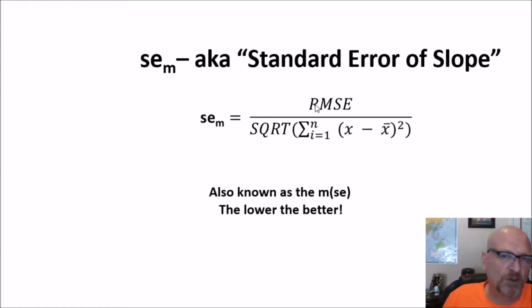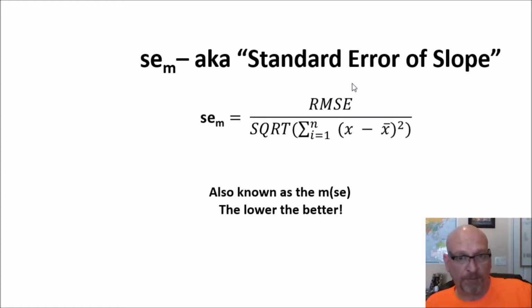It's the root mean squared error for the predicted y, divided by the square root of the x minus the mean of x squared, summed up, and then square root. SE sub m is also known as MSE, so you can call it whatever you want. This is important: the lower the better. With most error measurements, the lower the better, because you want less error.